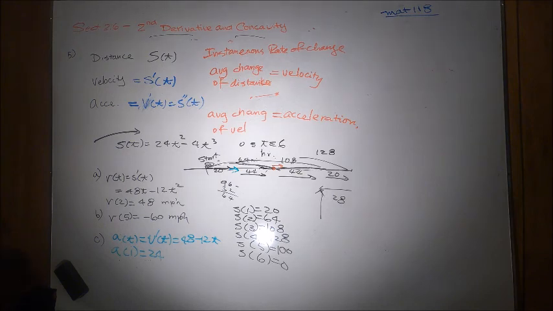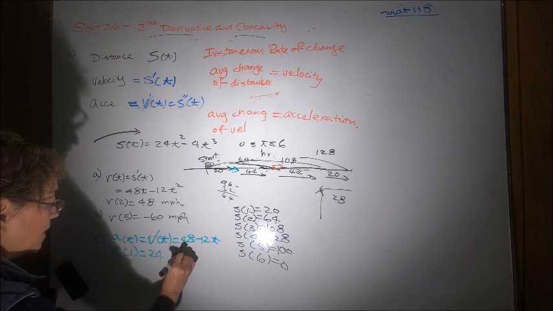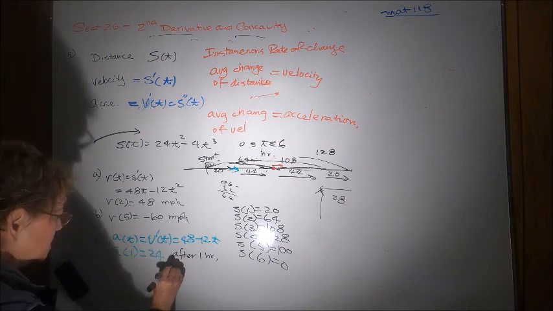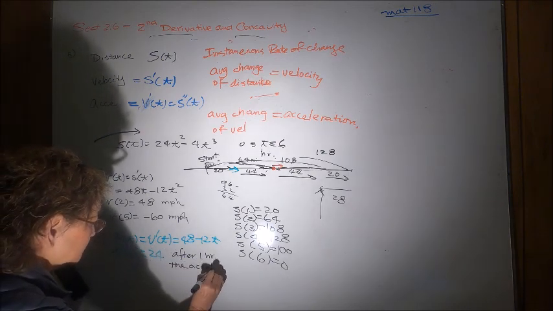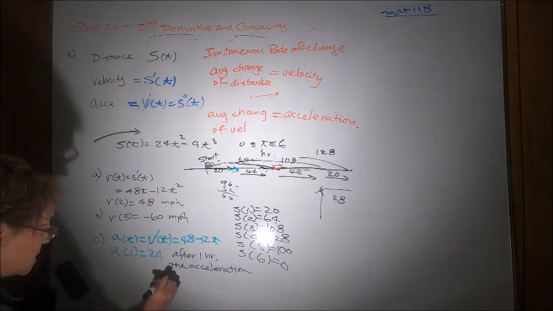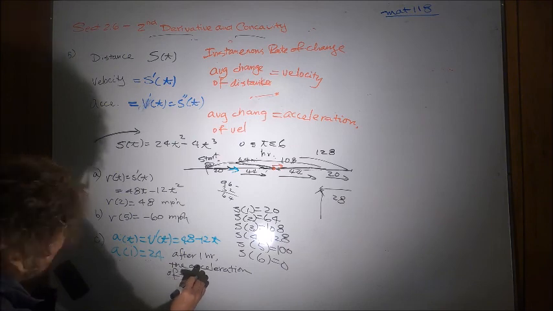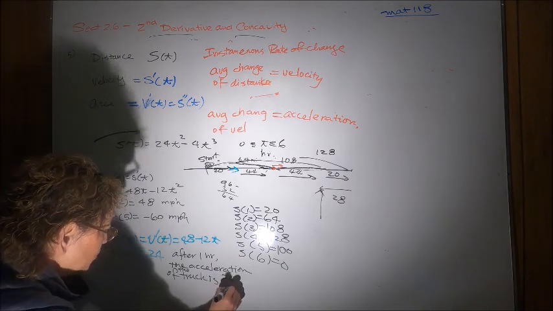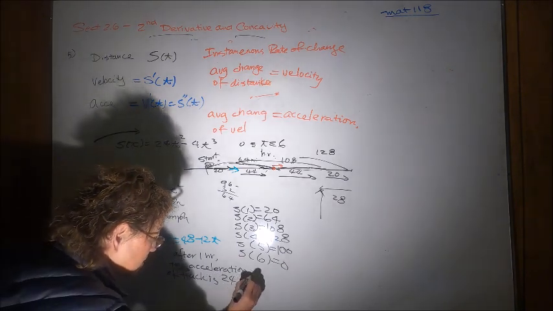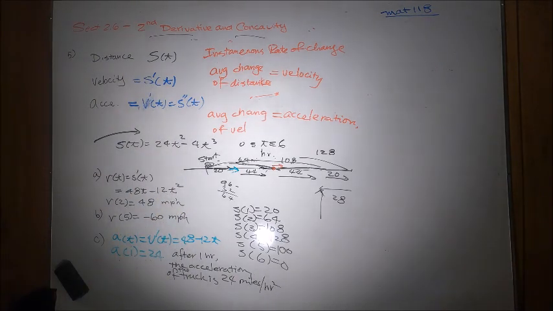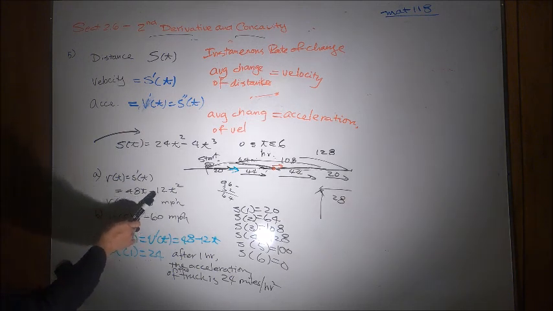Okay, so after the first hour, what happened? The acceleration of the truck, right, is what? 24 miles per hour squared. Because speed is 24 miles per hour, it is more than that, of course. Actually, it's somewhere here, right?